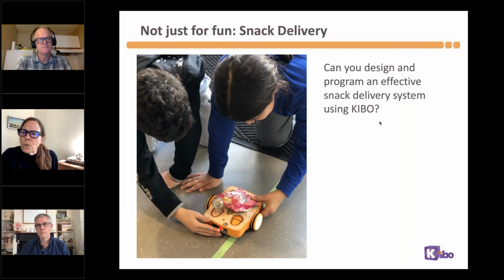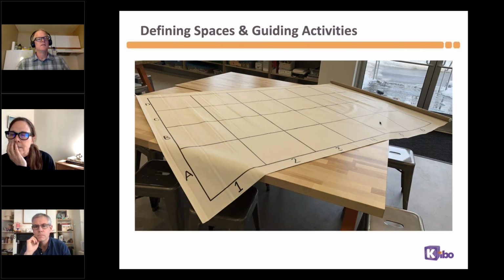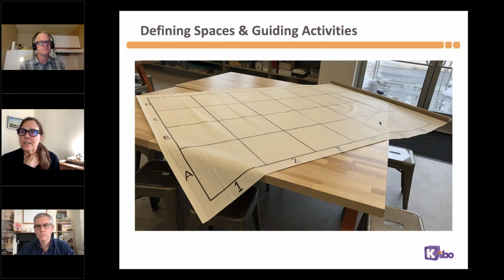Let's see. So what are some of the things I've used to teach with Kibo? Can we go to the next slide? If you've used these mats, I use a lot of robotic systems, and Kibo's one of my important tools. I've used mats like this for robots, but they tend to be really expensive.